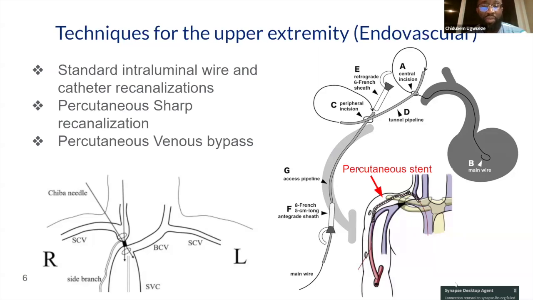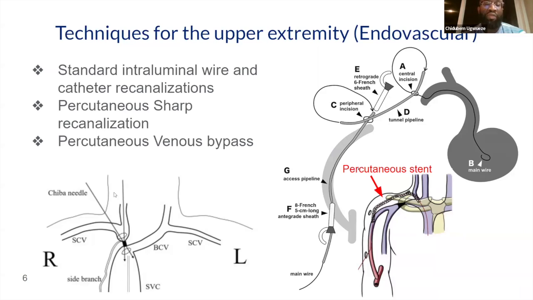The diagram in the bottom left shows an example of a sharp recan of a superior vena cava short segment stenosis. So this black line here is a short segment stenosis between the brachiocephalic vein on the right and the superior vena cava.